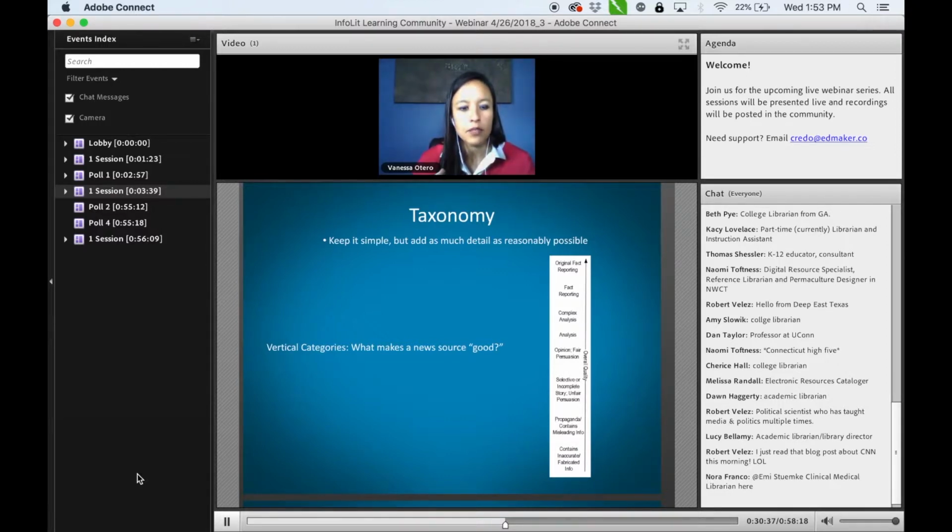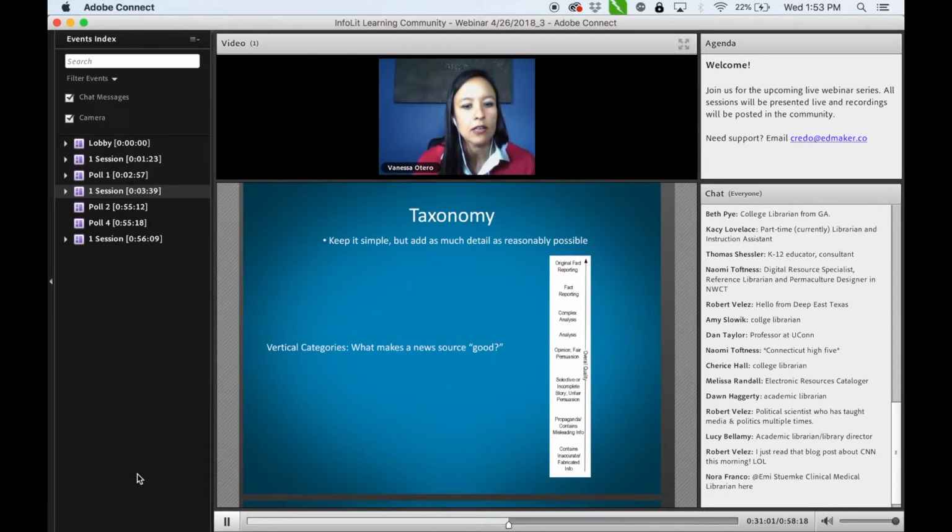So stuff that's largely opinion driven, opinion stated, and the truth of it is kind of iffy. We'll get into that more when we talk about the methodology, but stuff that's intentionally misleading falls into this propaganda and contains misleading info category.